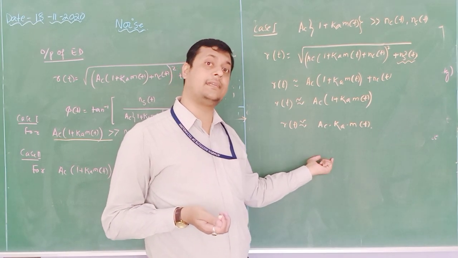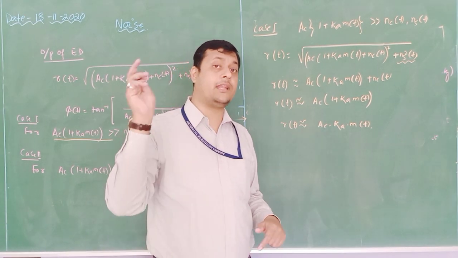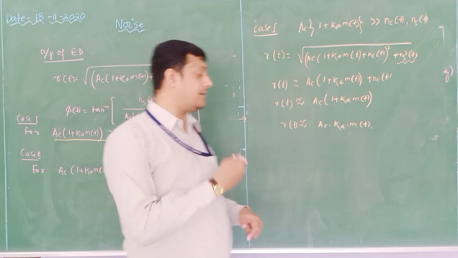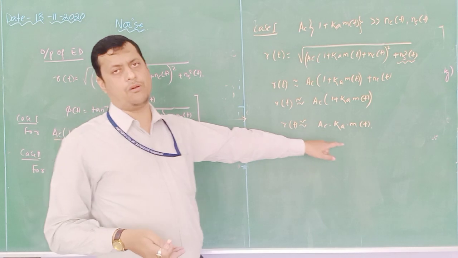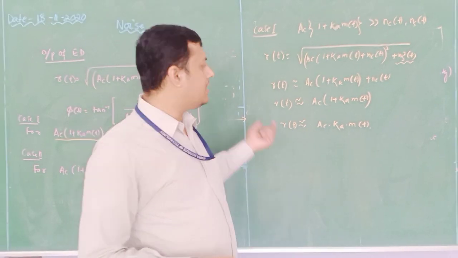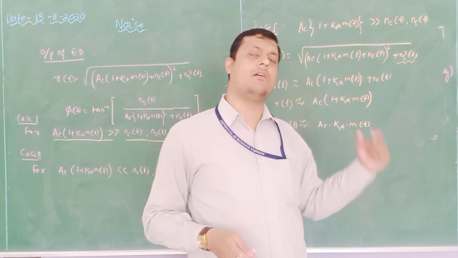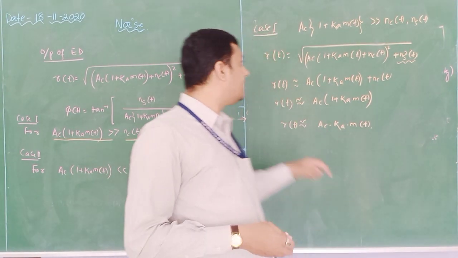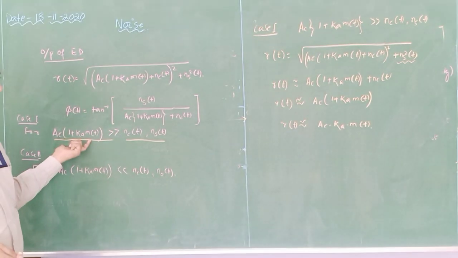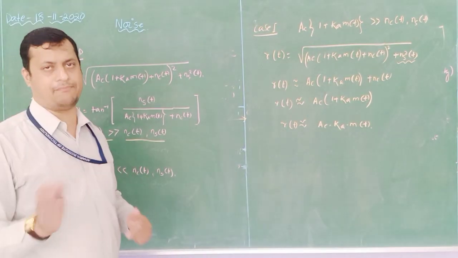So half is the scale factor when we are using the synchronous detection method, but with respect to envelope detection, here it is 1. So excluding that scale factor, your signal to noise ratio for envelope detection, in the case where the amplitude of the modulated signal is greater, is the same.